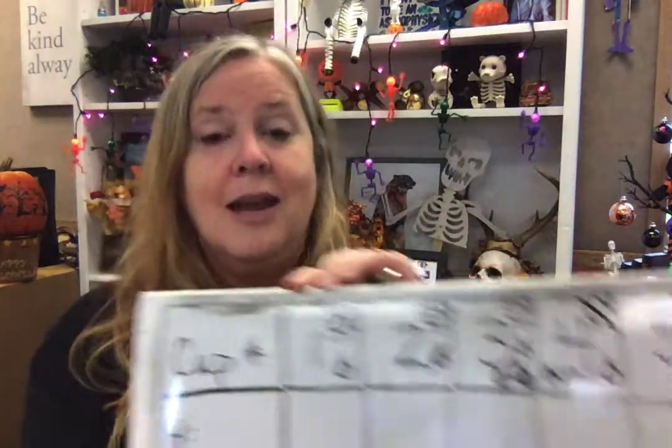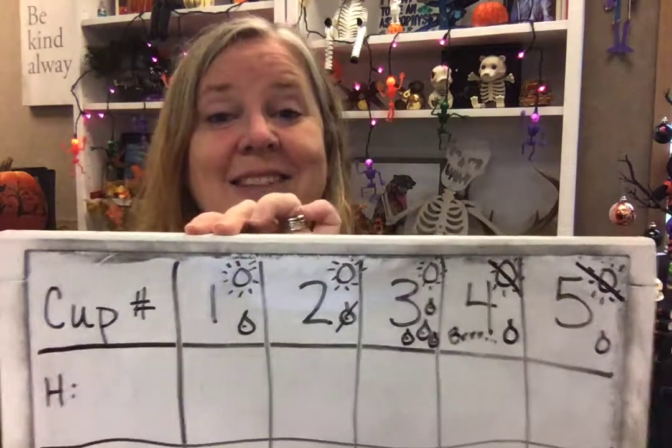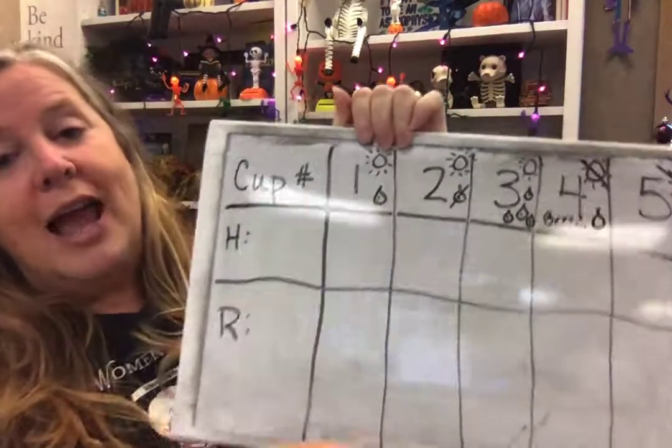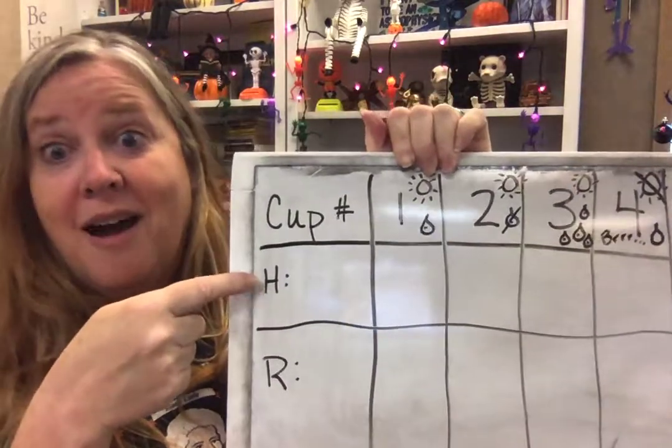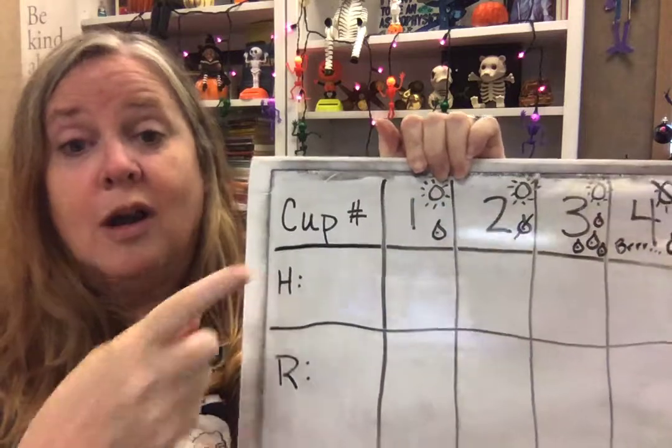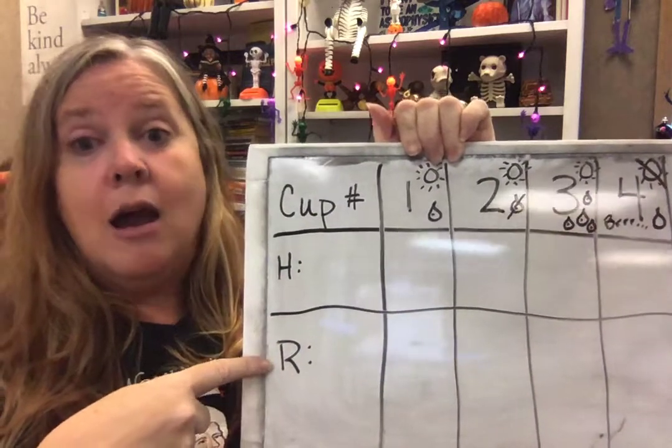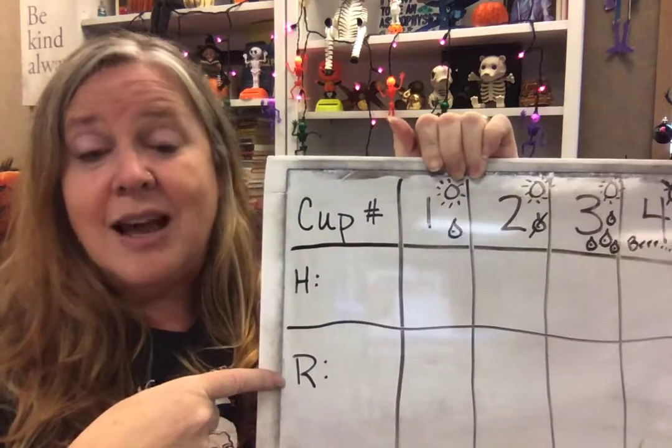And I will show them to you with this handy dandy little data sheet that I made. Ta-da! So as usual, I have a place for the hypothesis. That's what the H is for. And I've already done my R for result because this is going to be one of those experiments where it's going to take us probably at least a week to find out what the result is.